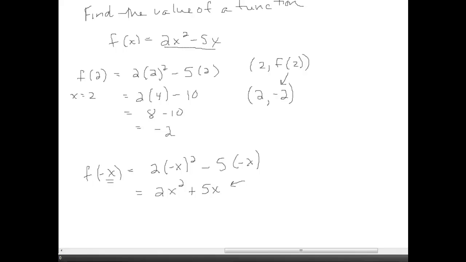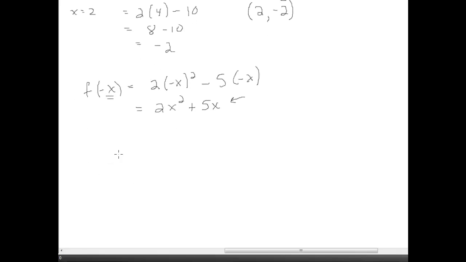Now you may be asked to find something like negative f of x. So what does that mean? So negative f of x, since I lost my function up top, I'm going to rewrite it. f of x is 2x squared minus 5x.